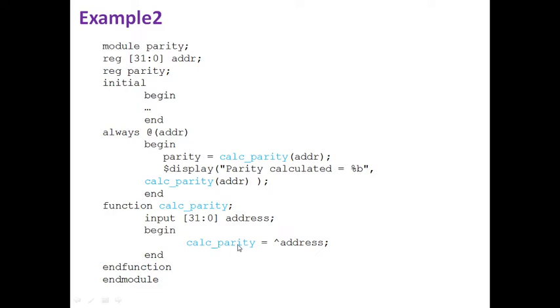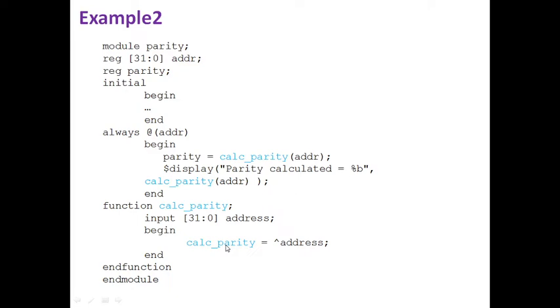This function is returning the calc parity value, and calc parity is handing over its value to parity, but parity is of type reg. I have declared it in my module declaration, in the IO port declaration of my module, where parity is exclusively declared as type reg.